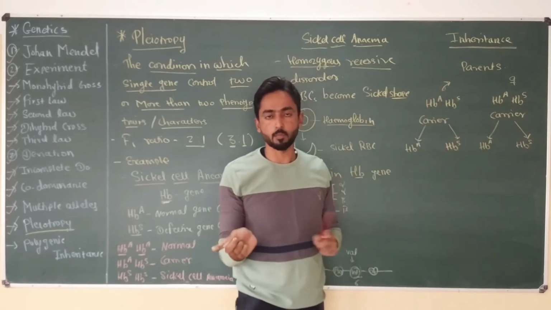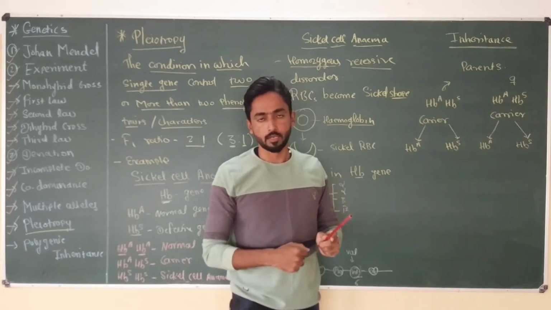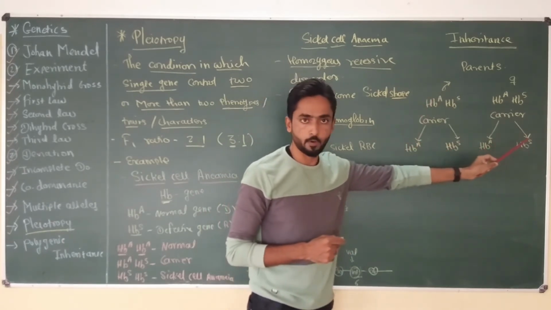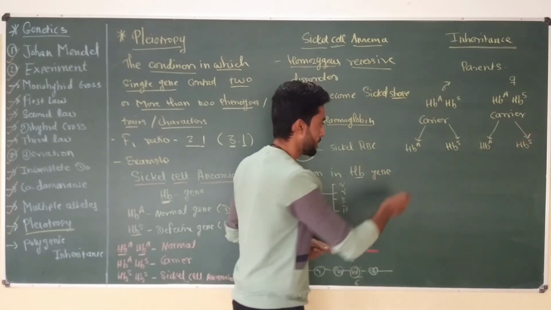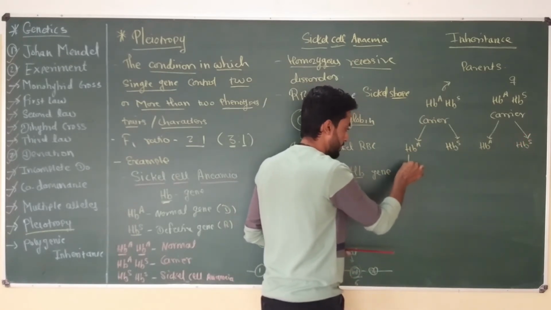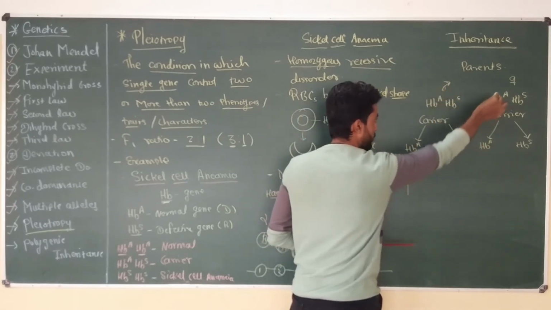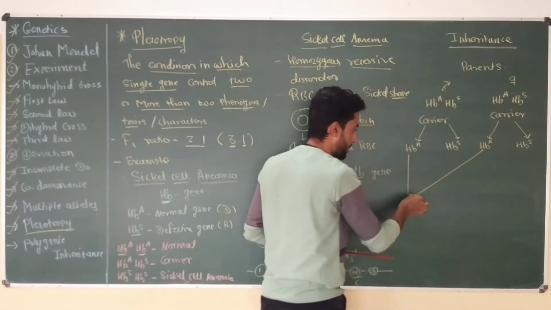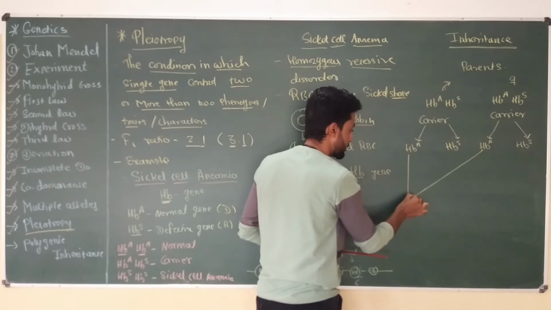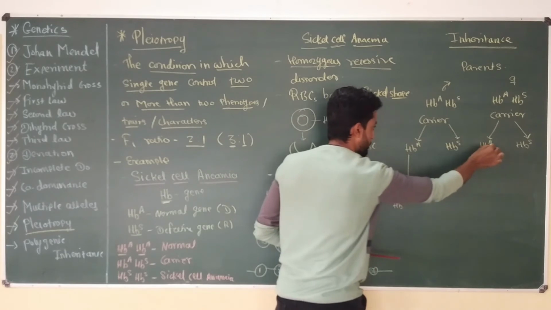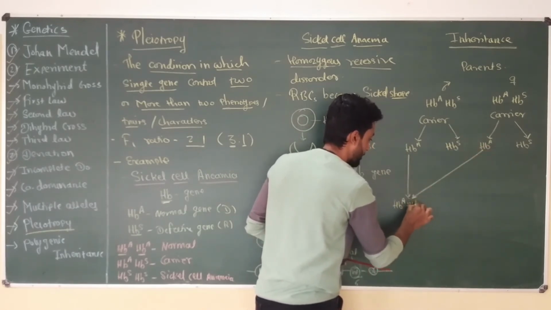Okay, so both partners are going to produce two different types of gametes when both are carrier type. In case of normal parents, the child will be normal, while in case of carrier parents, they will produce two different types of gametes, and when the fusion occurs, there are four possibilities. HBA of the male parent fused with HBA of the female parent produces HBA, HBA type of genotype.